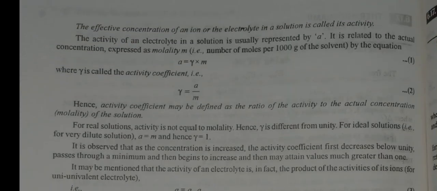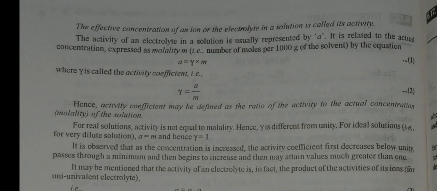The effective concentration of an ion or the electrolyte in a solution is called its activity. The activity of an electrolyte in a solution is usually represented by a. It is related to the actual concentration expressed as molality m by the equation a is equal to gamma into m, where gamma is called the activity coefficient.